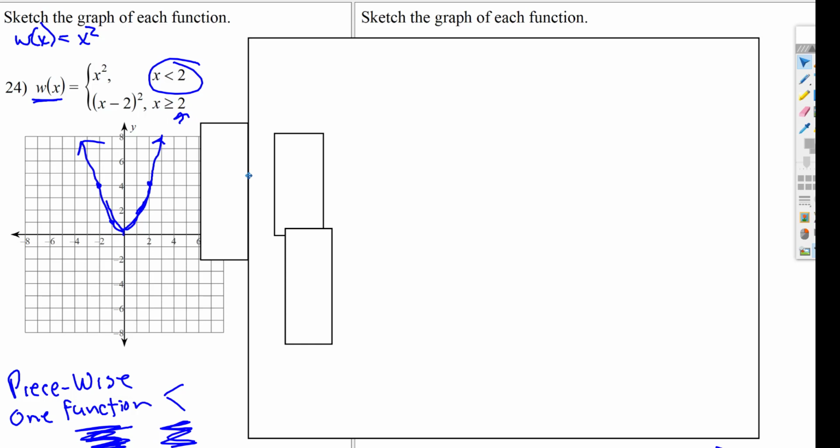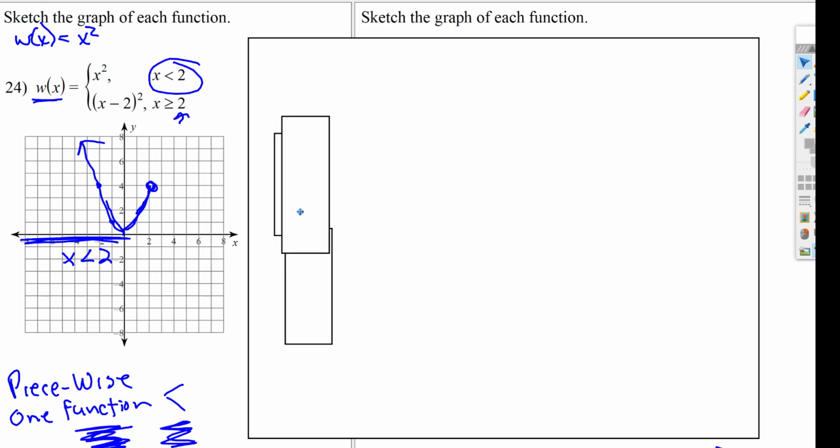So in this case right here, since when you put a 2 in there, you get 4, there would be a hollow dot for this part of the graph. All of these values are smaller than 2. All right? I'm going to change my ink color now to red.